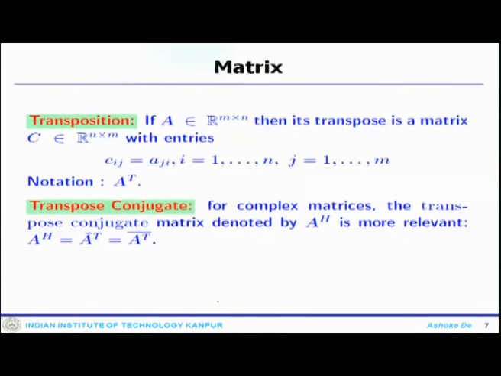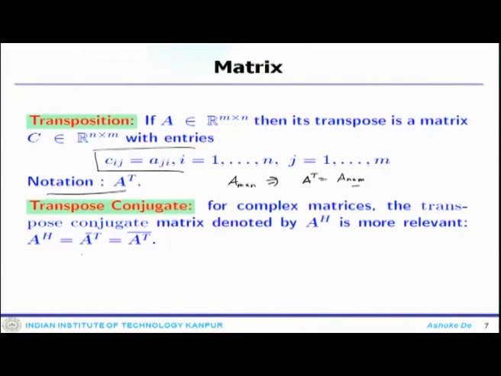Transposition: this is how you write the transpose of the matrix. If you have an m by n matrix, then the transpose of the matrix would be n by m. So, if A is m by n, the transpose is n by m, and you can symbolically write c_ij equals a_ji.